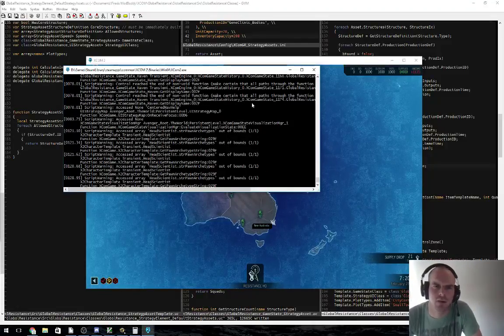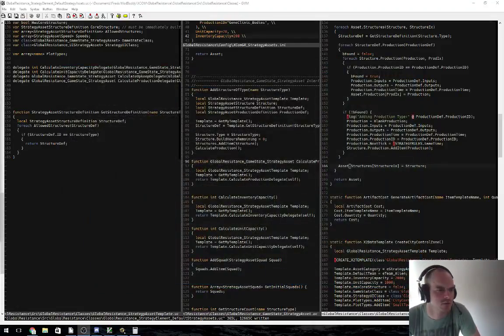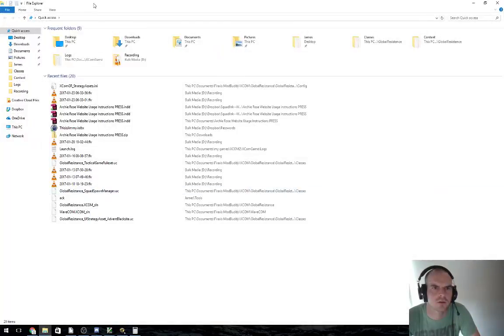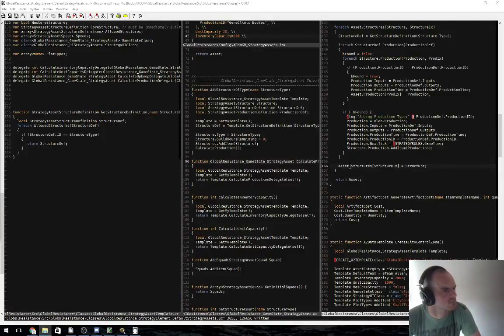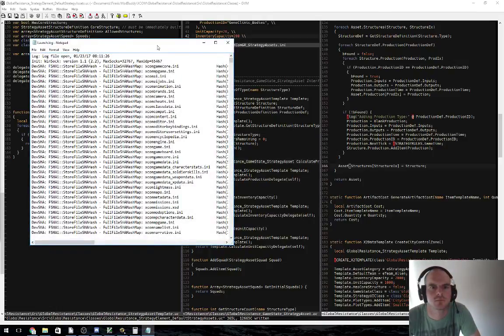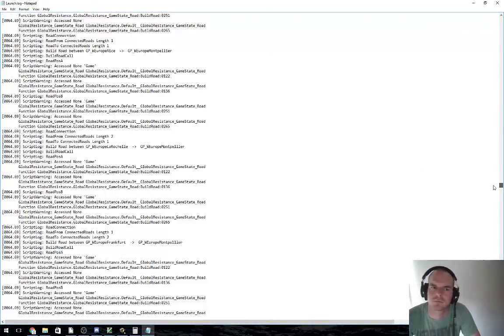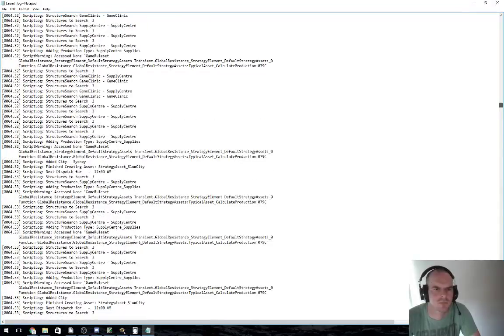Alright, so I'm not going to be able to get close enough with this, so I will just dig out the log. Alright, adding production type. Access none game rule set.